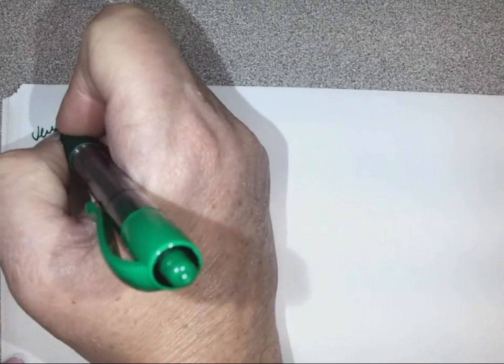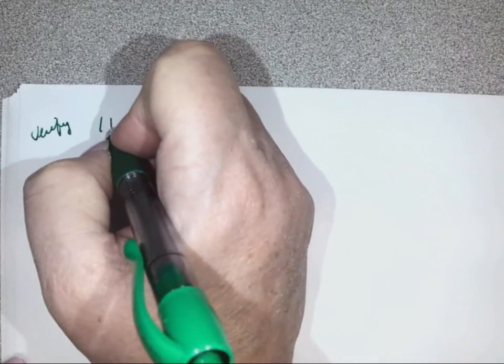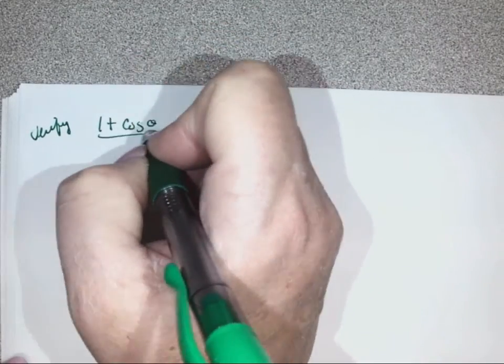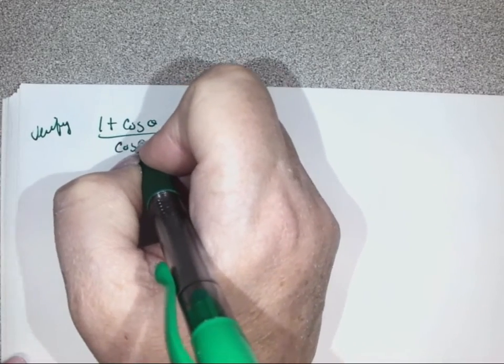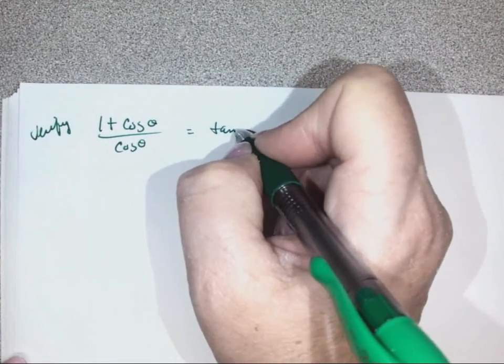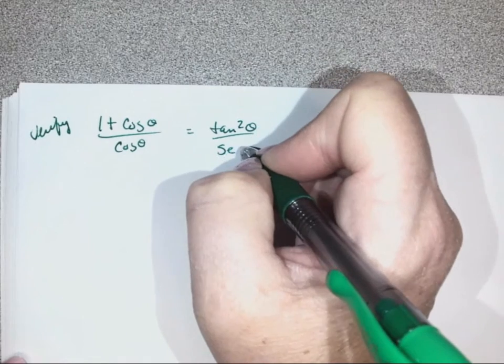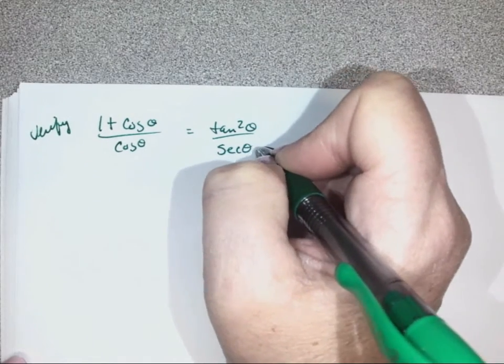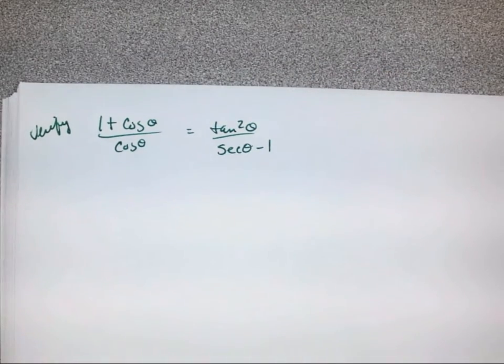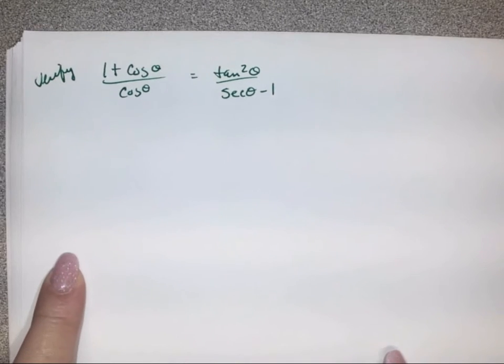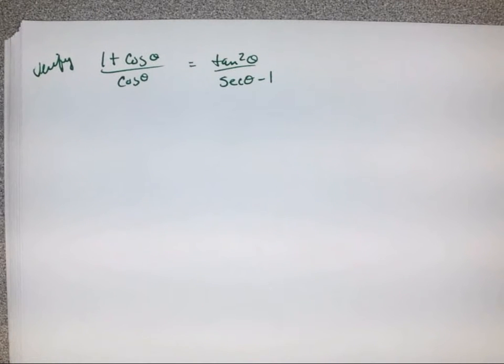So we are going to verify that 1 plus cosine theta over cosine theta is equal to tangent squared theta over secant theta minus 1. Now, they're both complicated. They both have a fraction. So what we're going to do is work on the left-hand side and the right-hand side and see if we can get them simplified down to equal each other.